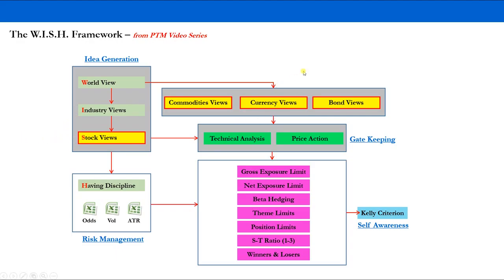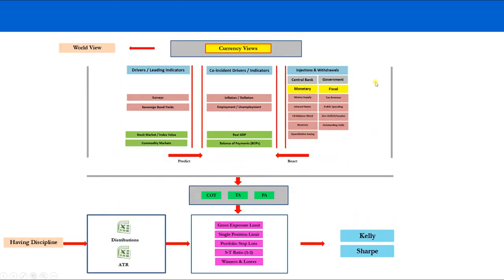When we come over to the currencies situation, we don't need to worry about microeconomic analysis. All we need to worry about is our worldview, so our top-down analysis. And for viewers who have never seen this before, we just need to ensure that you understand here that there's 4 main key areas, and that our worldview and therefore our currency views are driven by macroeconomic variables.